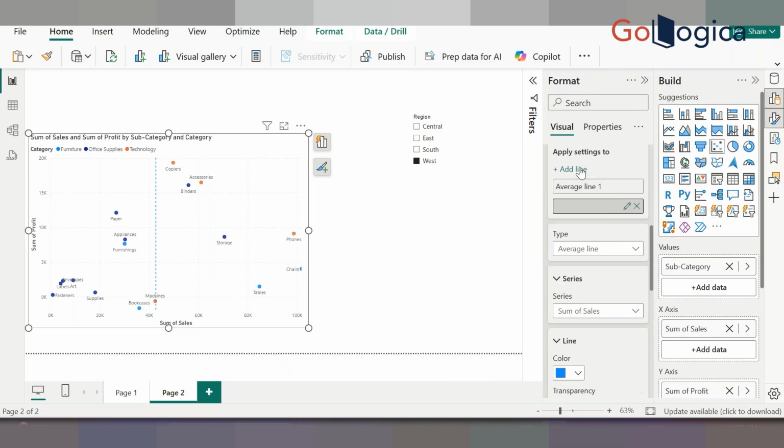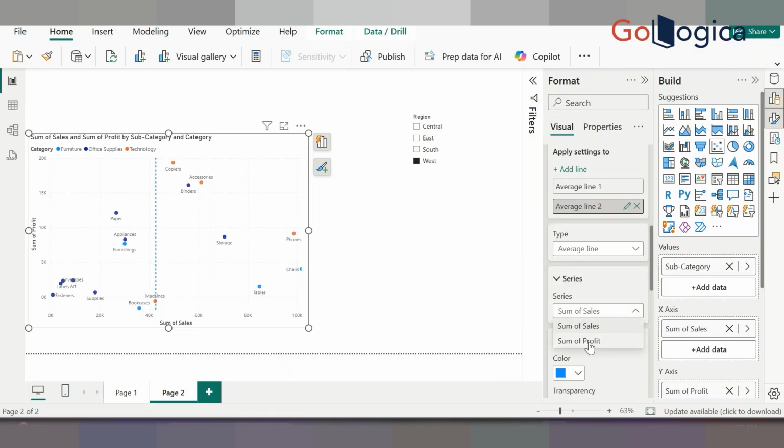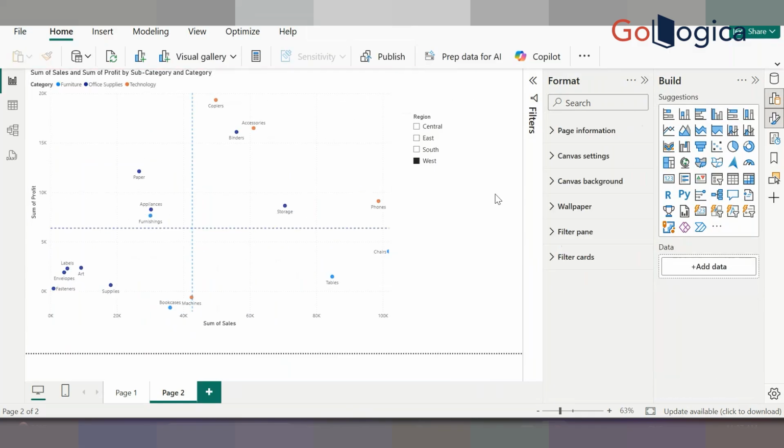Add a constant line. Okay, so we need to observe this one over here.